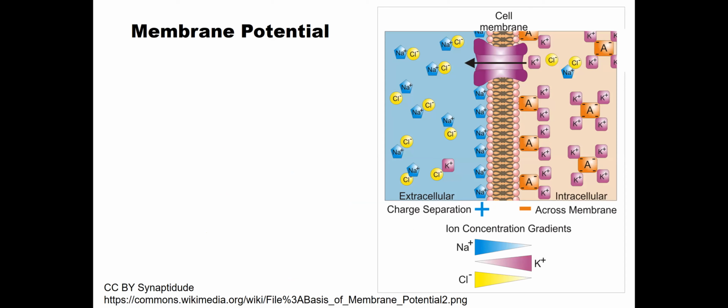This is us, and this is the environment. Now, through this membrane, a small charge balance is formed. Outside is slightly more positive, and inside is slightly negative. This is what is called the cell membrane potential.